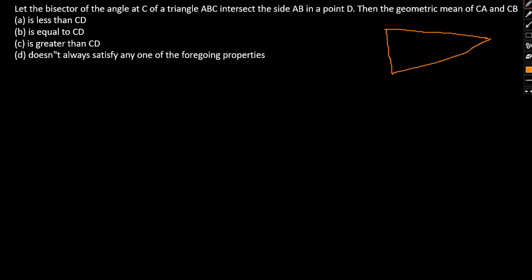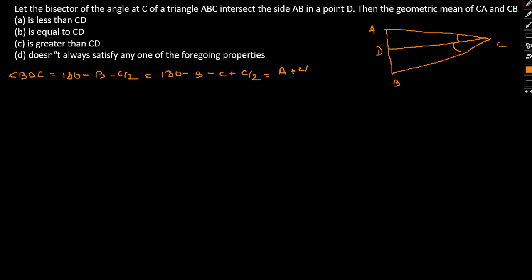See, this is our triangle ABC. This is the bisector of angle C. Both these angles are equal and it meets at point D. Now if we talk about angle BDC, it can be written as 180 minus B minus C by 2, which can be further written as 180 minus B minus C plus C by 2, that is 180 minus (B plus C) plus C by 2, which can be further written as angle A plus C by 2.